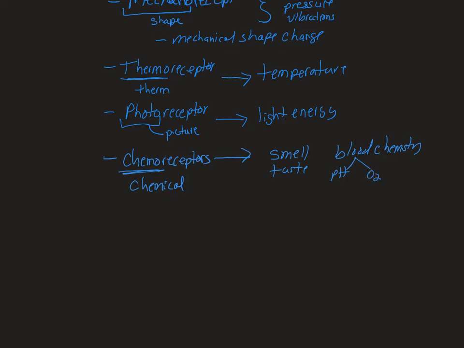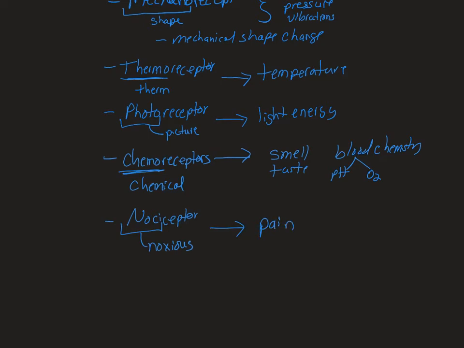And then we have this final category called the nociceptor. So I want you to think of this part of the word, noxious. If something is noxious, it's unpleasant. So the noxious receptors or nociceptors pick up pain stimulus.